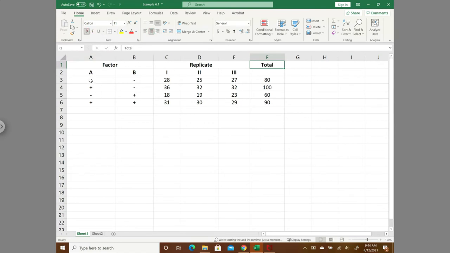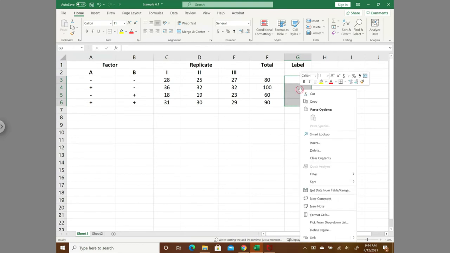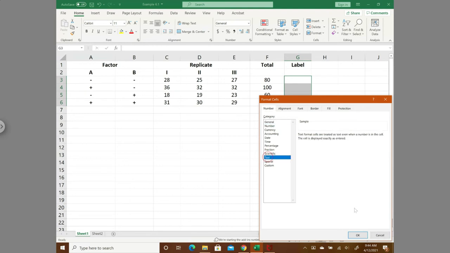If you want to put a label for each treatment combination, just to make it easy, label those four labels at the four corners of the square. Here both factors are at low levels, so we are not going to use any lowercase letter; we use 1 in parentheses. But before that we have to format these cells as text cells. So right click, format cells, and format them as text.